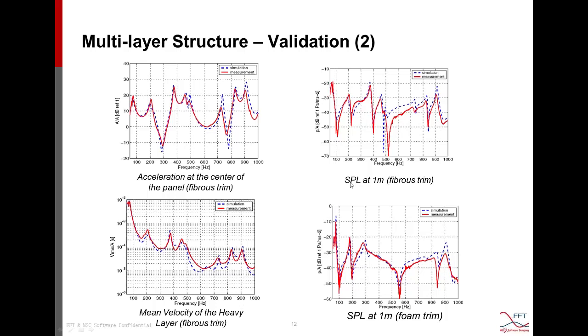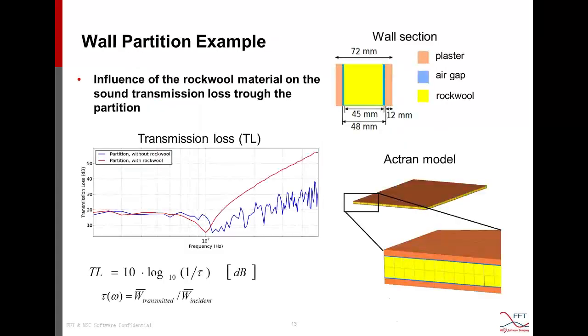And then the sound pressure level, which is measured at the microphone just 1 meter above the plate, and there are two types of porous material compared, fibrous trim and foam trim. As we can see, we obtained very good agreement between the Actran simulation and the measurement.